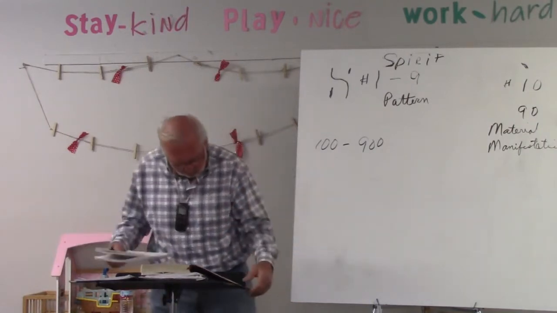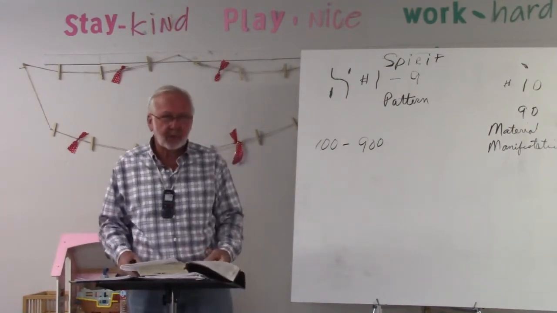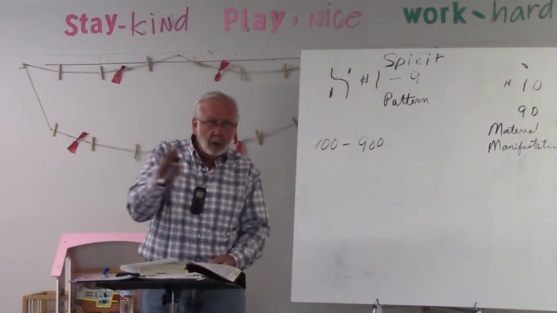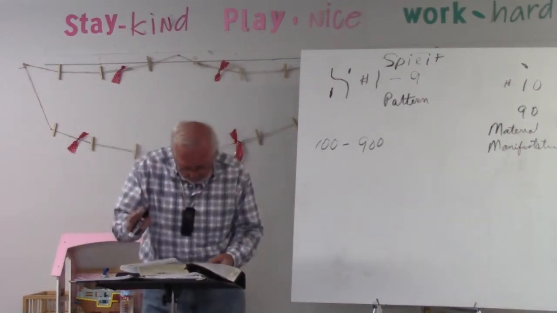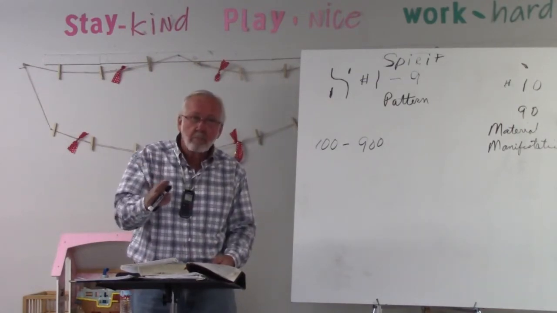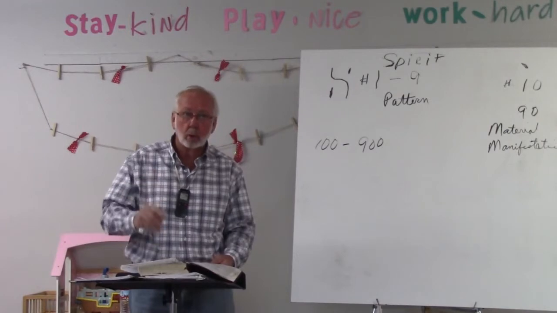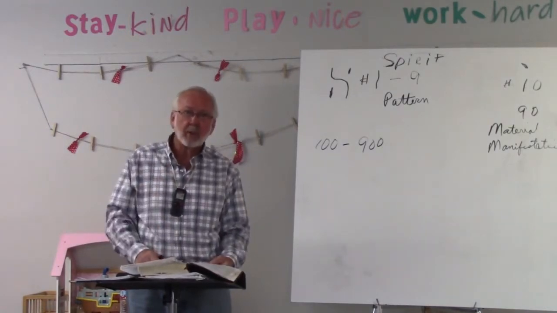Well, an offense, this is just so contrary to everything you're taught, and I know that. But an offense is a violation or the breaking of a moral code or rule. How many of you have ever had that violation happen to you?